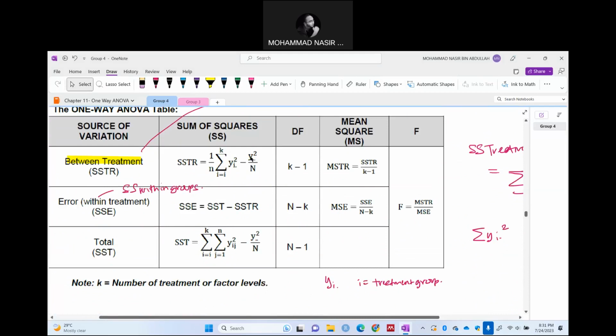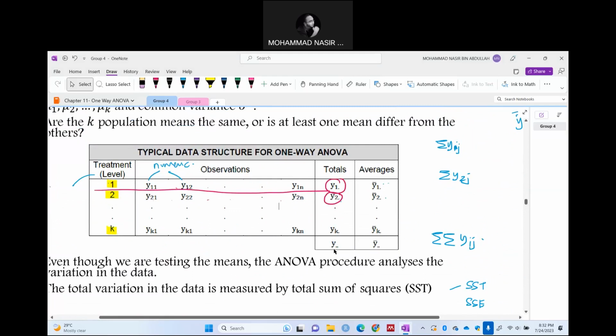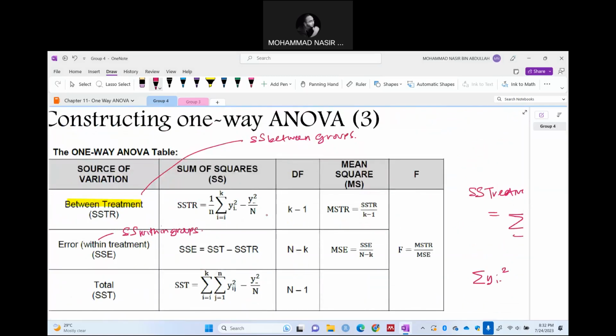This y dot dot means the total for everything, for all observations. Let's say in treatment 1 you have 10 observations, in treatment 2 you have 10 observations, and in treatment 3 you have 10 observations. The total of all observations is equal to 30. So capital N is equal to the total number of observations.